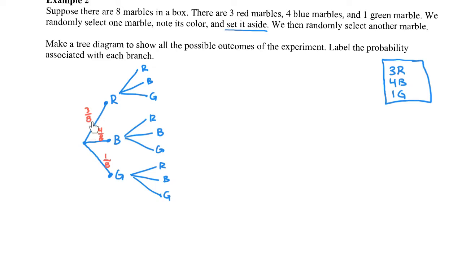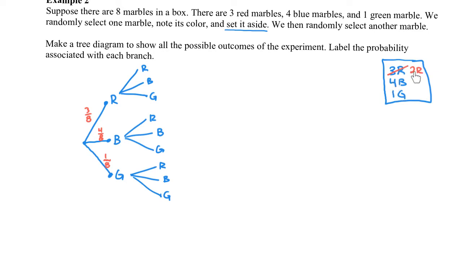So on this branch, we've already picked 1 red marble. So on this branch, there are only 2 red marbles left. So when I'm calculating these 3 probabilities, I'm assuming we've already picked a red marble, right? So there are only 2 red marbles left.